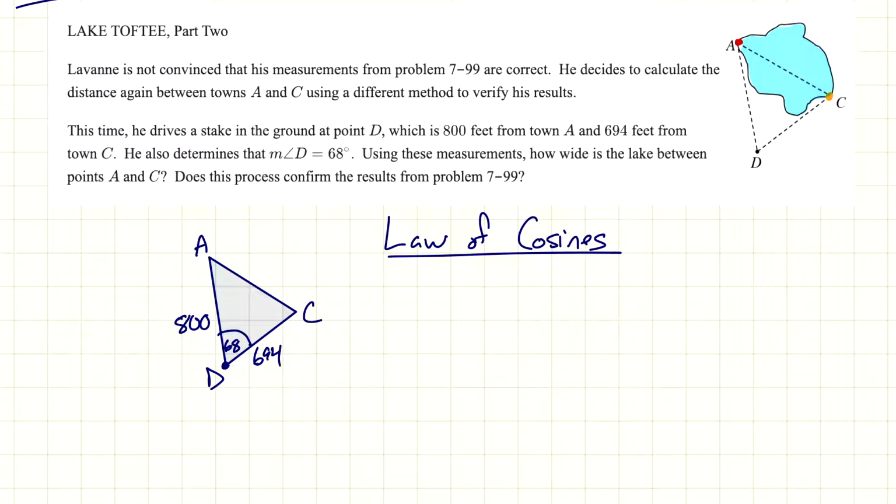Don't get mixed up with the letters given to us in the problem versus the letters that we use in the law of cosines. So what I'm going to do is I'm going to relabel this. All right, there's nothing that says we can't relabel this, so I'll just get rid of A, D, and C. All right, we don't really care about the letters at this point.